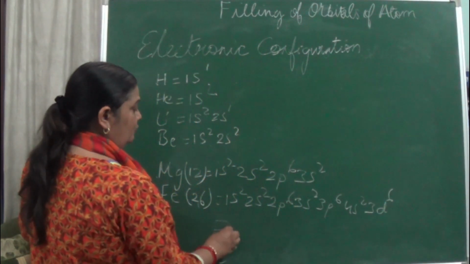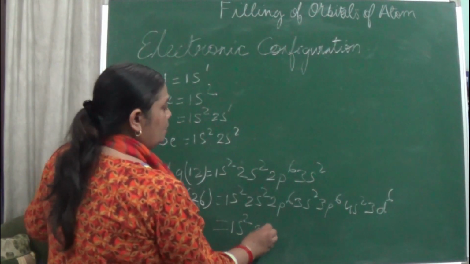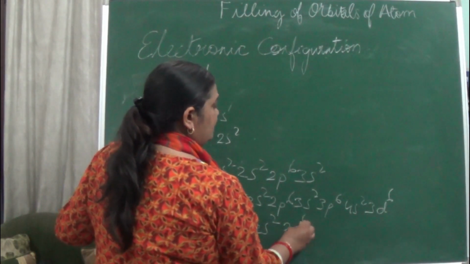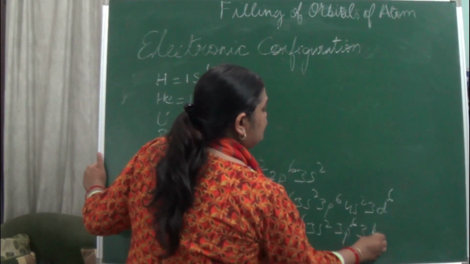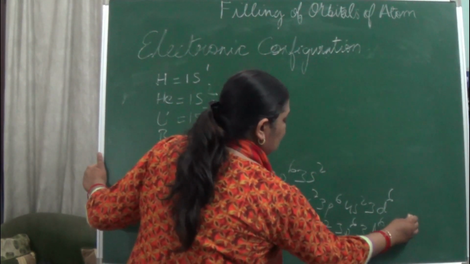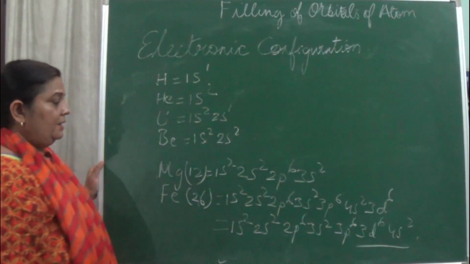But when you write it, it will be written as 1s2, 2s2, 2p6, 3s2, 3p6, 3d6 and 4s2. Getting?